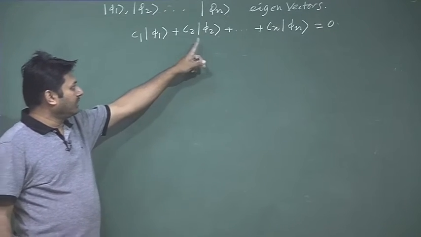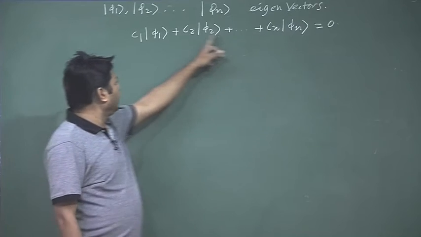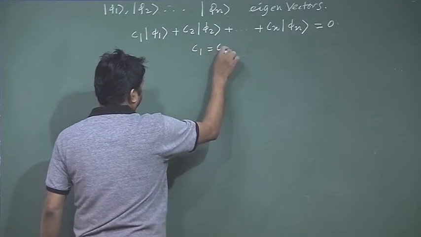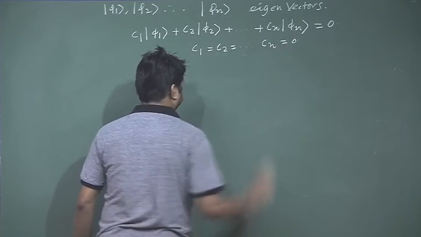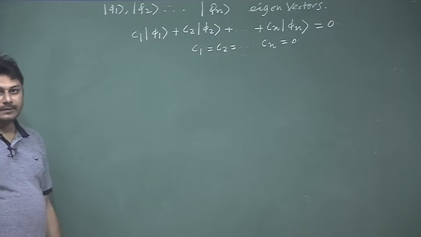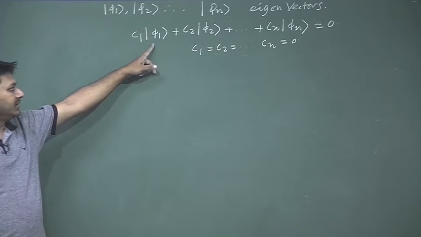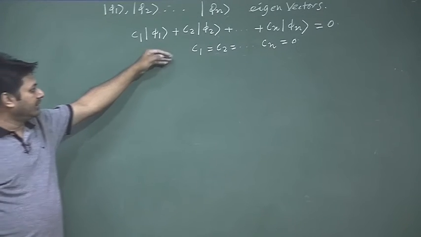If phi 1, phi 2, phi n are linearly independent, then the only trivial solution is C1 equals C2 equals Cn equals 0. So, I need to prove that if these are the eigenvectors of A with distinct eigenvalues, then this is 0.